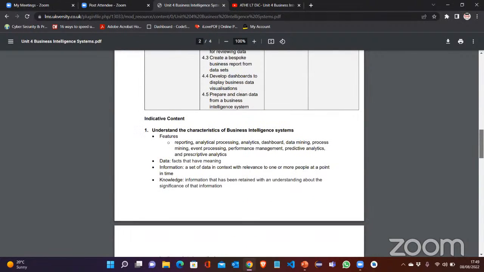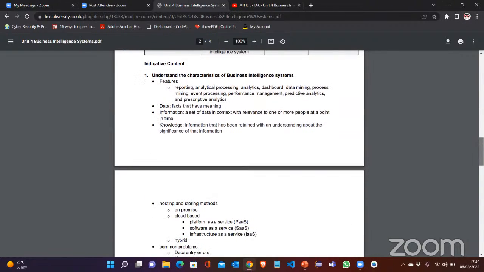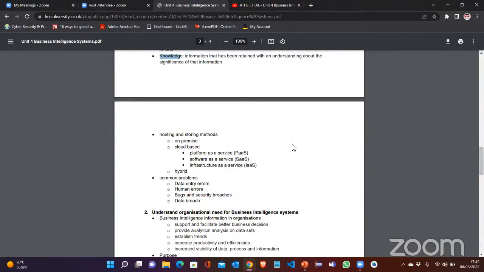From our indicative content today, we're going to understand the characteristics of business intelligence systems. By the characteristics, we're going to discuss the features, data, information, and knowledge, and we're also going to cover hosting and storing methods with platform as a service, software as a service, and infrastructure as a service.